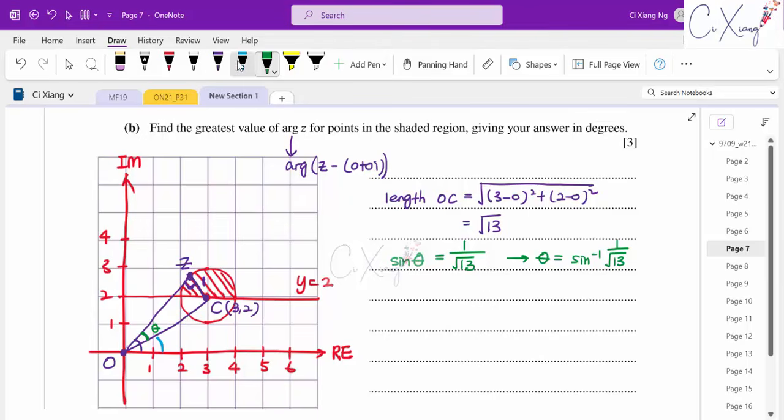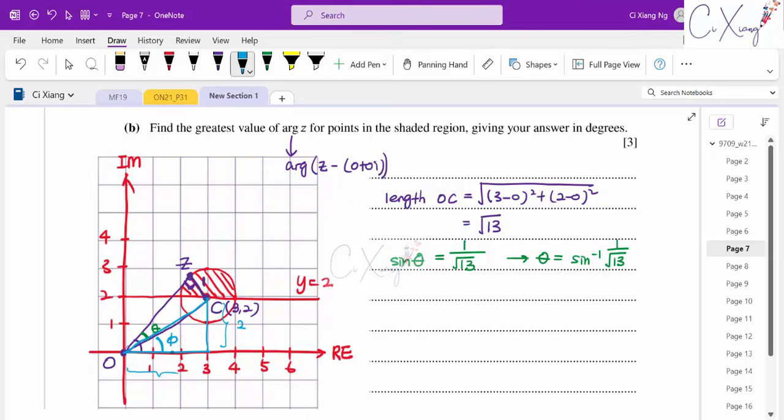Then how about the light blue angle? For the light blue angle, I will use this triangle here, with OC and this side. I will draw the light blue triangle and label the angle as tau. From this light blue triangle, you can see very clearly that you can use the height. What is the height for C? The point C is 2.